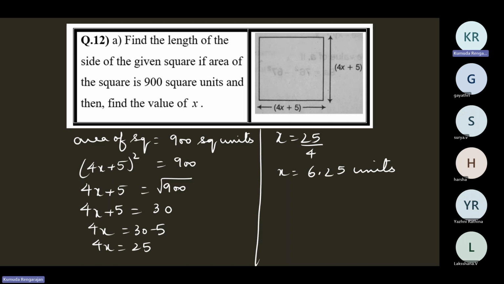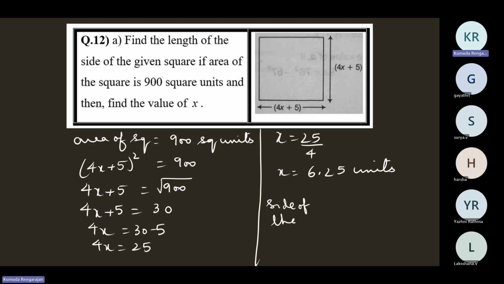So what is the length of the side of the square? In 4x plus 5, use the value of x. Side of the square.